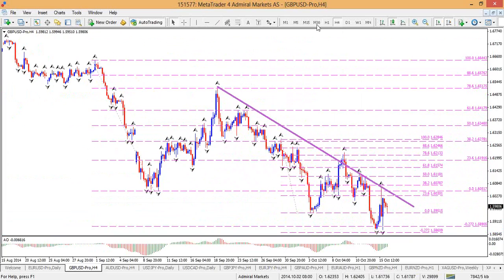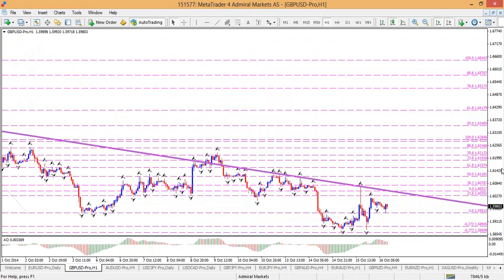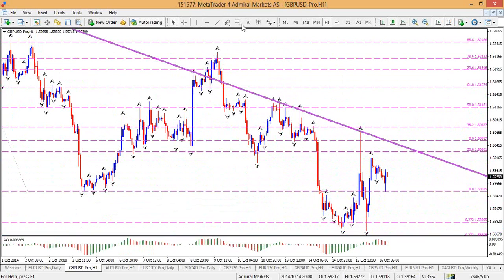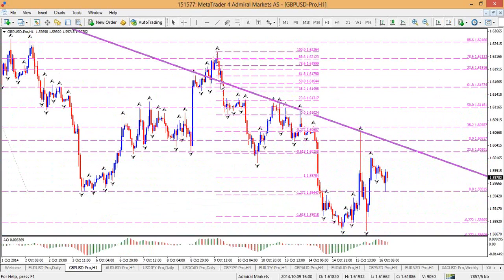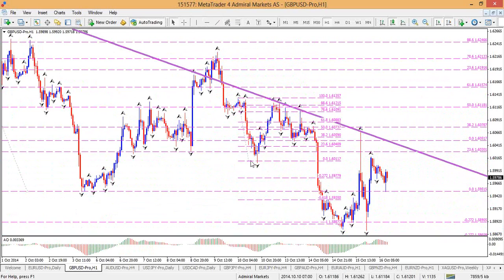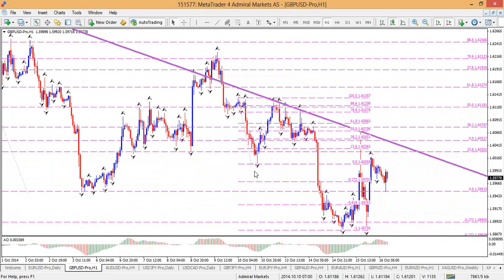We could, of course, even zoom lower to the hourly and see what is going on there. Do the same process. This is how you can go from time frame to time frame.